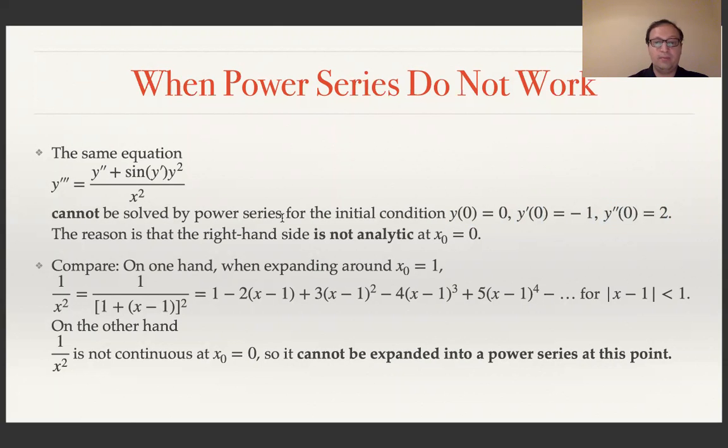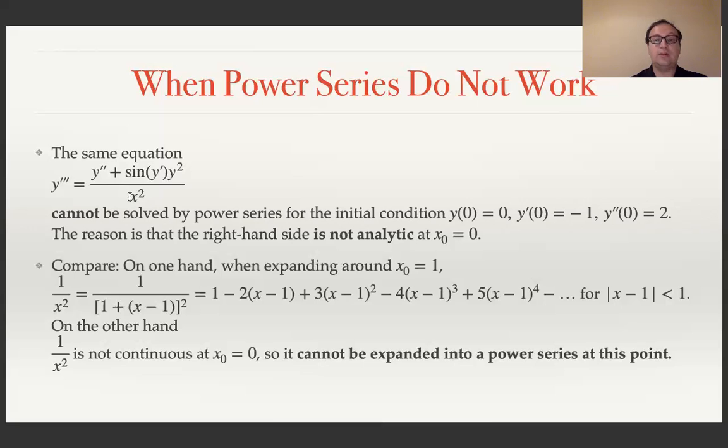So the reason is that we are trying to solve it at the starting point with x coordinate 0. So we're trying to solve it around the point x0 equal to 0. Well, the right-hand side of the equation contains this fraction with x squared in the denominator, and therefore it's not a continuous function at the point where x is equal to 0.